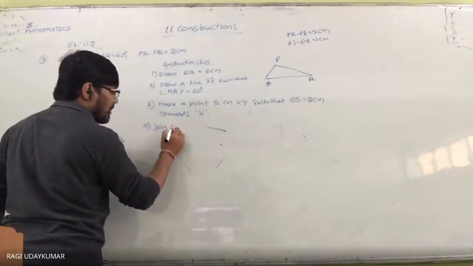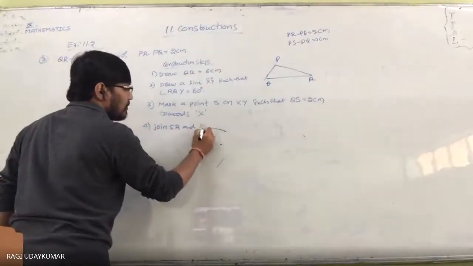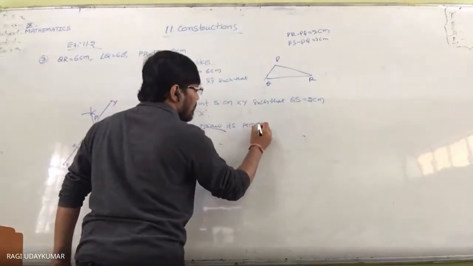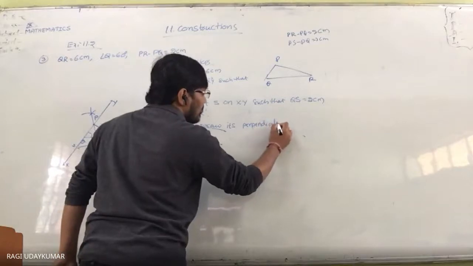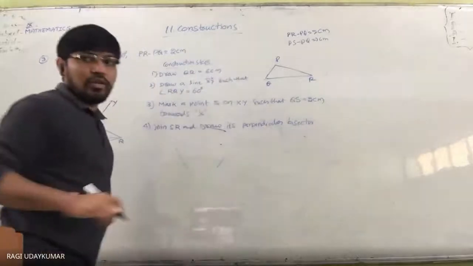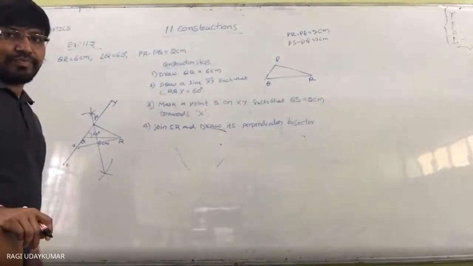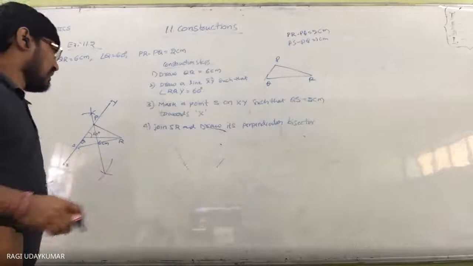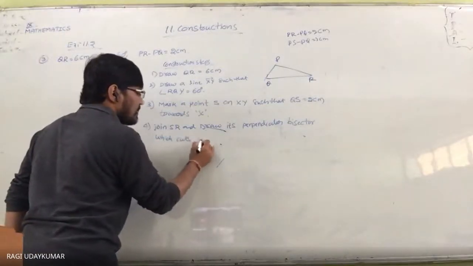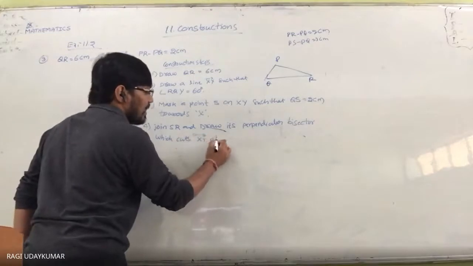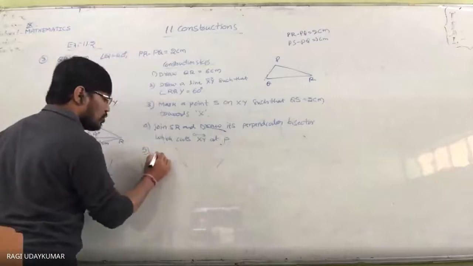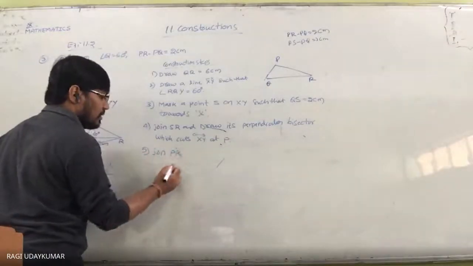So join SR and draw its perpendicular bisector, which cuts the XY line at P. Join PR.